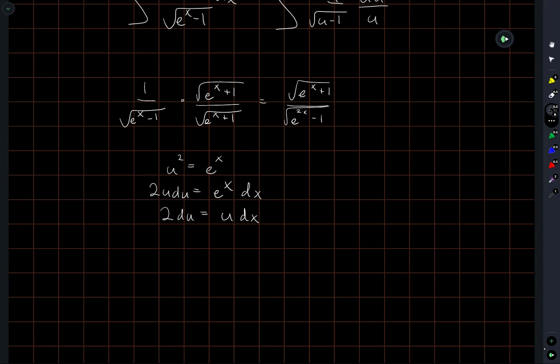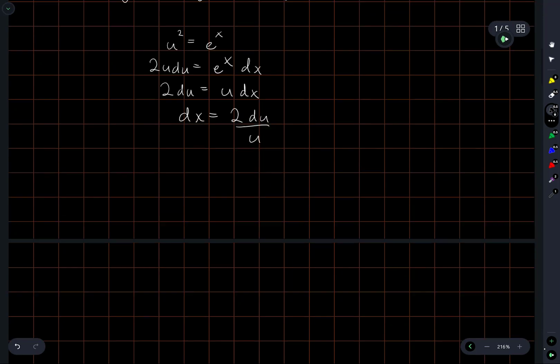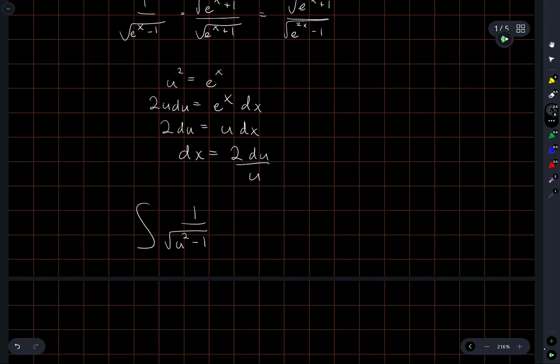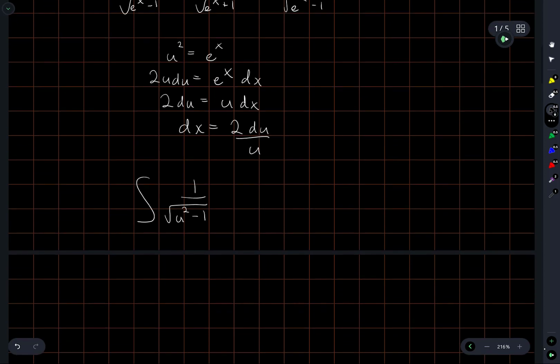Is this correct? Yeah, I think so. So dx is equal to 2 du over u. Then I've got the integral of 1 over the square root of u squared minus 1 times 2 du over u.